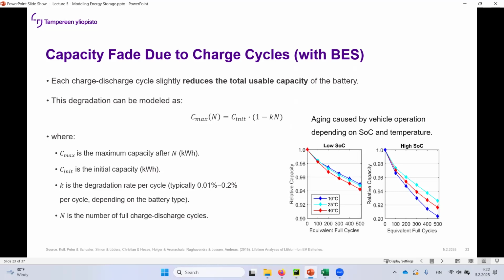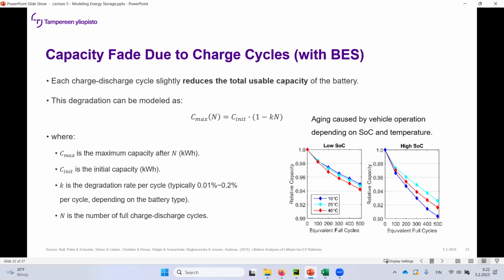So if your cycle is going to be rather shallow, compared to one that's going really close to 0 and 100, then the degradation rate is going to be higher with more or less shallow operation.